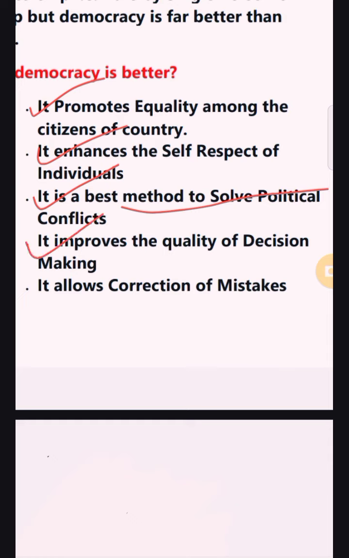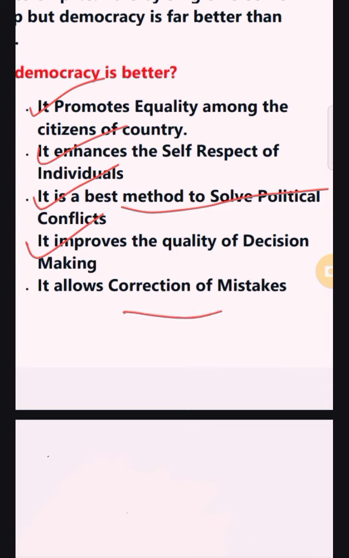Here also we had a detailed discussion in class 9 that in democracy there are deliberations on decision making. So many people discuss, there are negotiations, then decisions are taken, so it creates delay. But after the delay, the decision which we get is always of higher quality when we compare it with any other form of government.